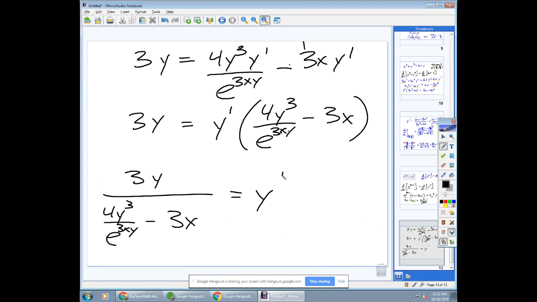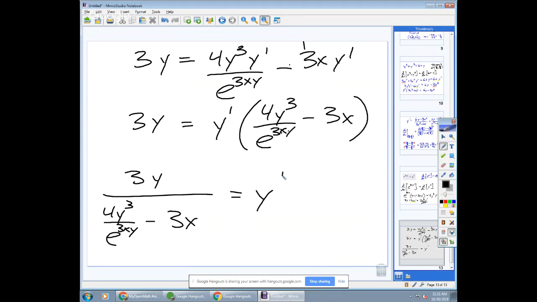If the fraction within a fraction is freaking you out, get over it. It's all right. I got 3y e to the 3xy divided by 4y cubed minus 3x e to the 3xy. Yeah, so that would be an alternative to this.